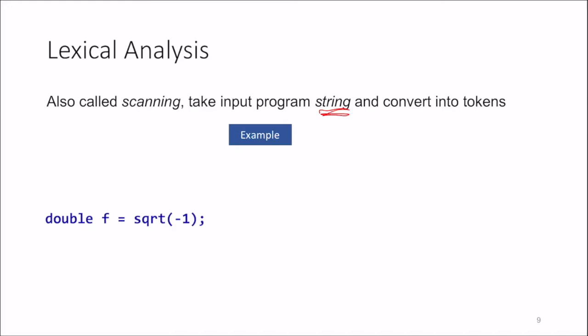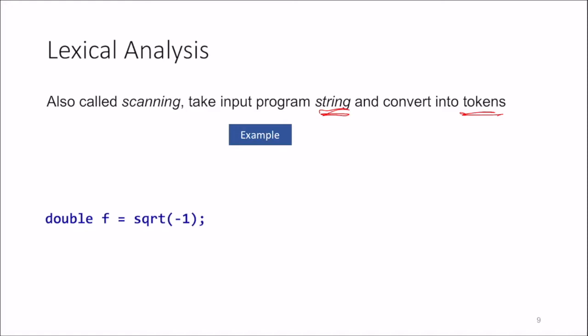Nowadays it can be a UTF-8 file, but the general idea is that a program document is no different from any other document. It's just a string. What we want to do is take this string and convert it into meaningful tokens.